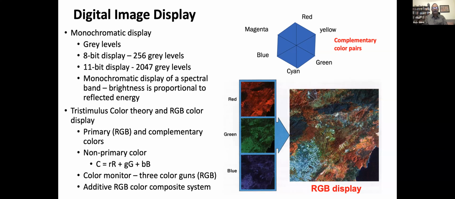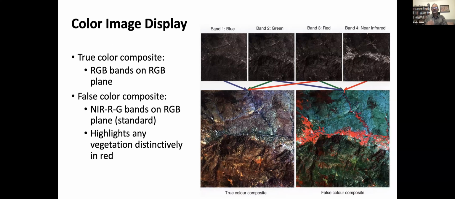Therefore, to get a color image, we use multi-band data. Obviously we can't get a color image from single band data. So there are different bands of data. Let's say we have 4-band data: band 1 is blue, band 2 is green, band 3 is red, and band 4 is near infrared. Remember we talked about the electromagnetic spectrum and the bands in which the data is being collected.